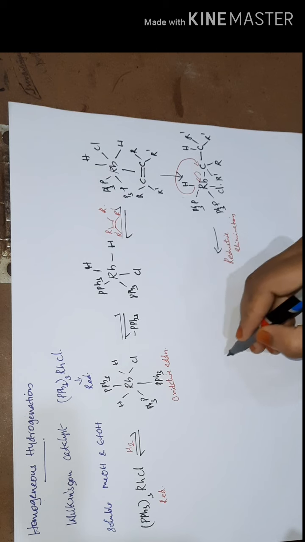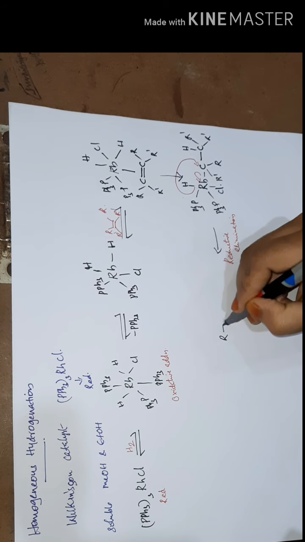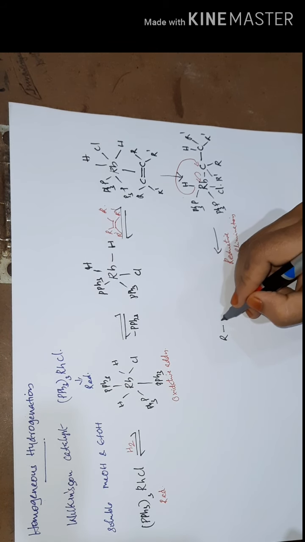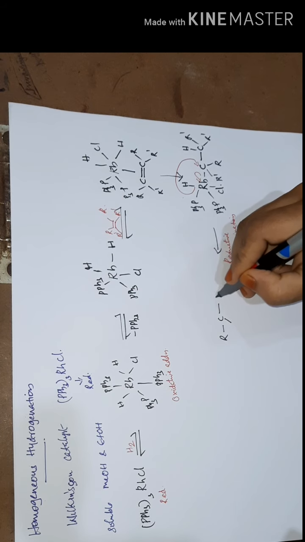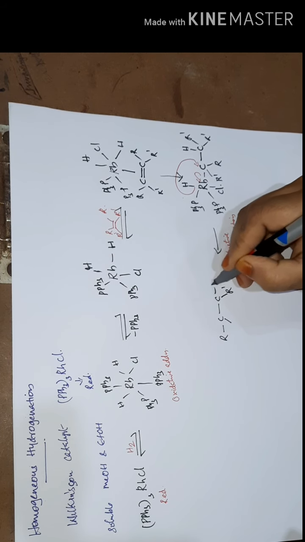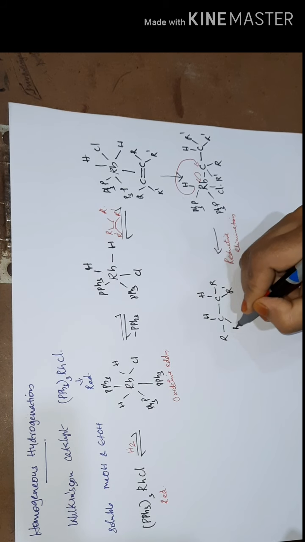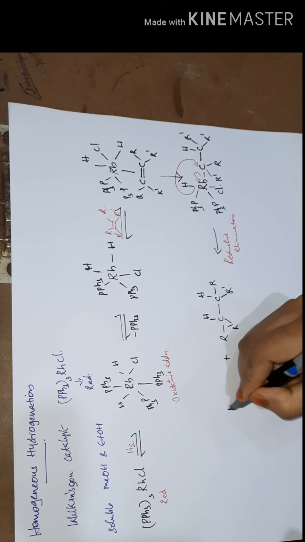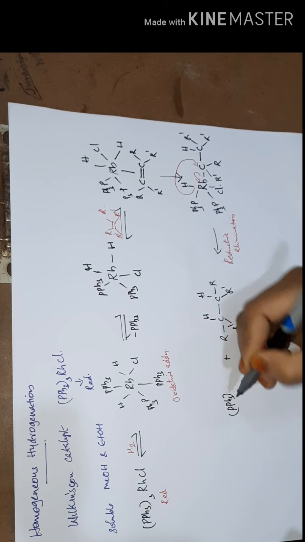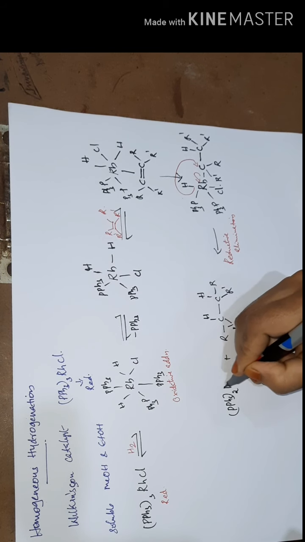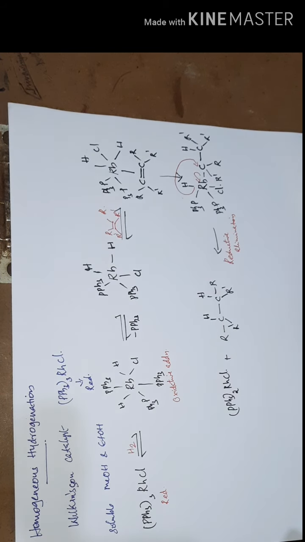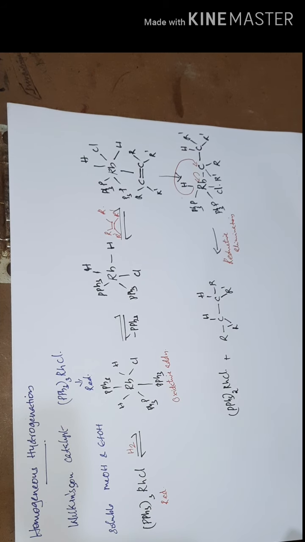It can be represented like this, with RhCl(PPh3)3. Here the reductive elimination is taking place, and it results in the formation of this alkane.